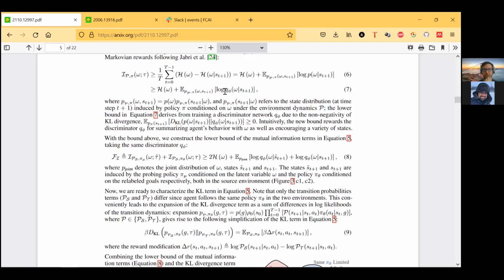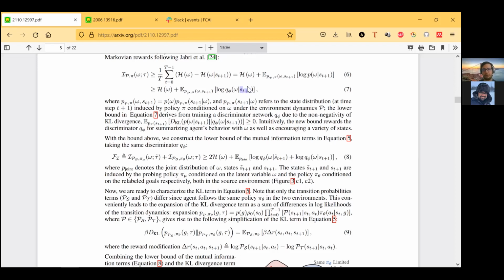because you learn this density function, and then this density function will give you a reward each time you visit a state. Basically it's how well you can classify or recognize the goal you are following, given simply from observing a particular state.